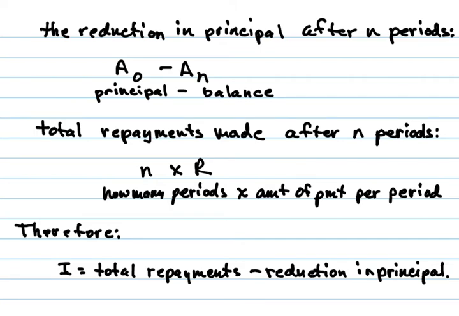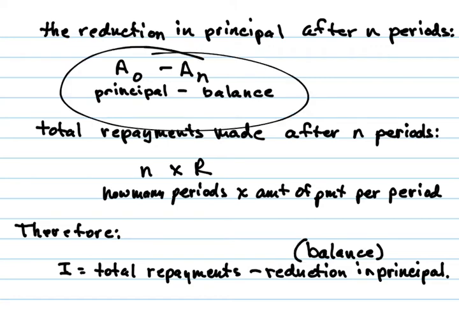Because remember that not everything you pay is going to come right off the balance, because you're going to be paying some interest as well. So you need the amount you paid, and from that you're going to subtract the balance you owe, right? So this is up there we called it the balance, right? So this part, okay? So the total interest is simply the total amount you've repaid minus the balance of the loan, and that's going to give you what was built up as interest during that period.